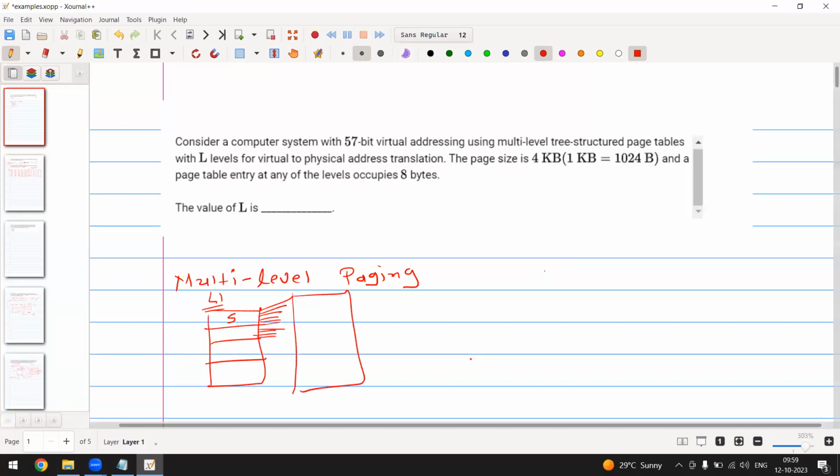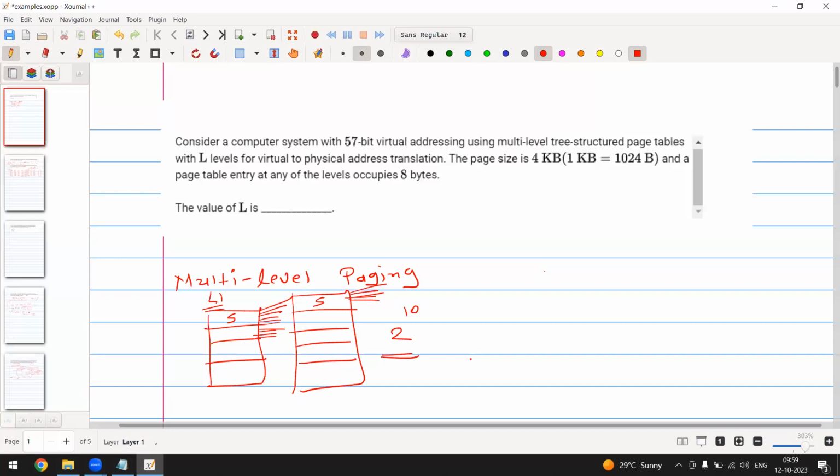This is the second page table. Then let's say here the size is 5 again. So here also each entry corresponds to 2 raised to 5 entries. So in total we have 2 raised to 10 entries in the page table.